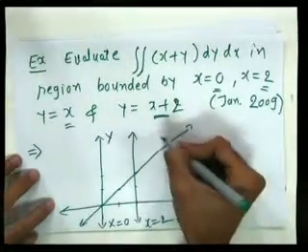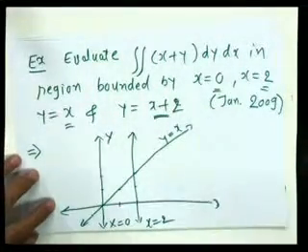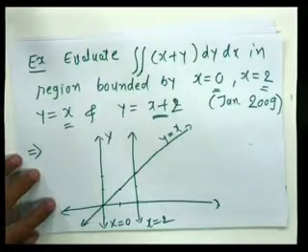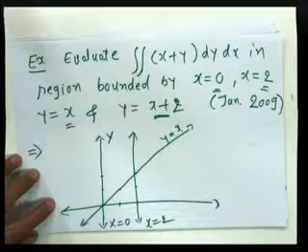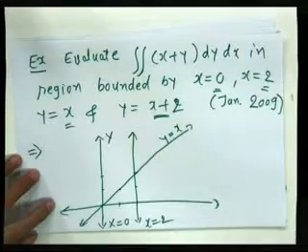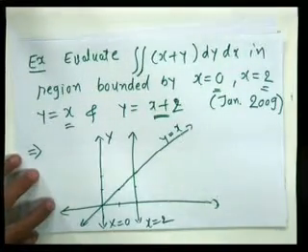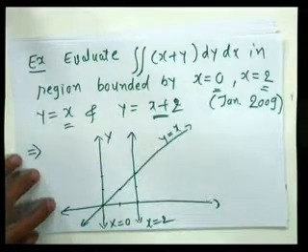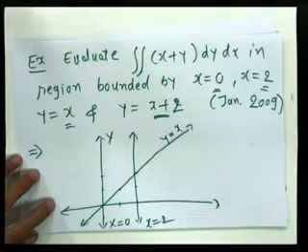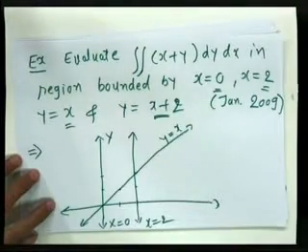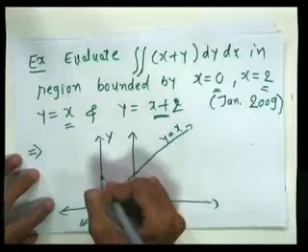This is the line y = x, and then the next line is y = x + 2. Remember the chapter of straight line. This is the equation of type y = mx + c. This is the equation of a line which is making an intercept of 2 on the y-axis and passing through (0, 2).